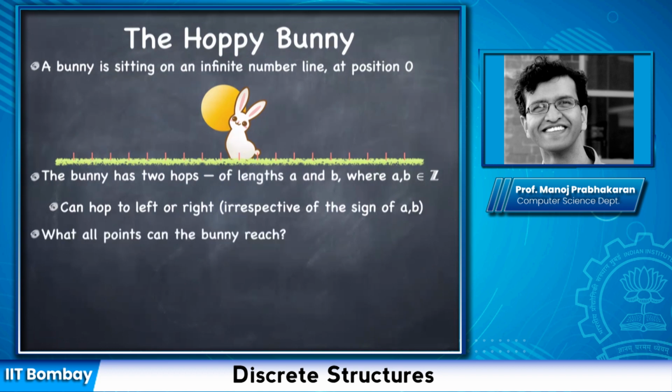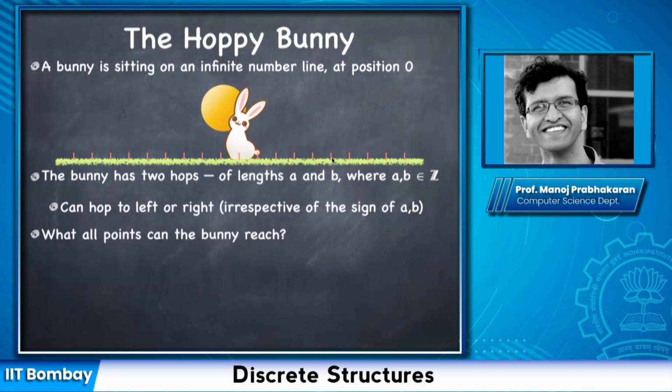And the question is, it can keep bouncing around, alternating between the a jumps and the b jumps, going right or left. In the process, which of these notches can the bunny reach?